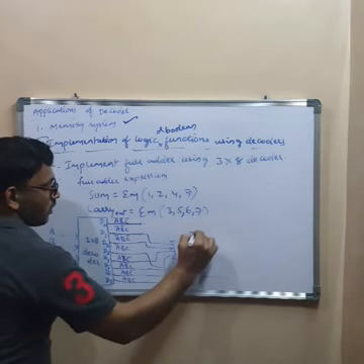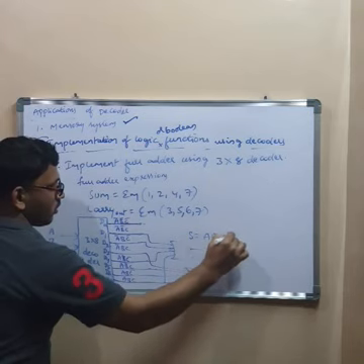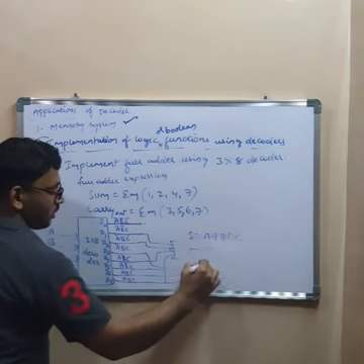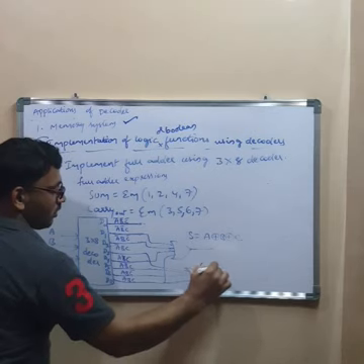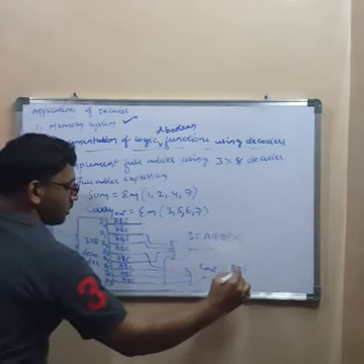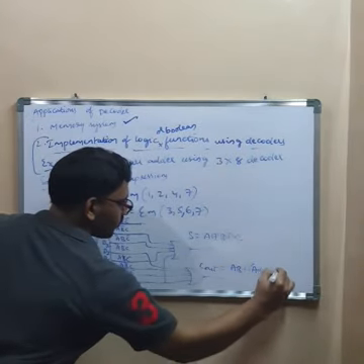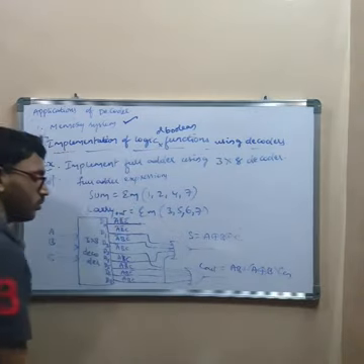This is S, which is equal to A XOR B XOR C. This is C out, which is equal to AB plus A XOR B into C.